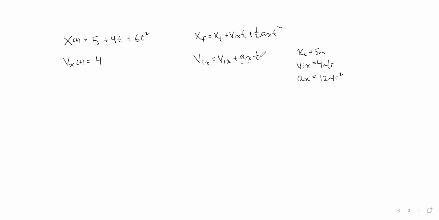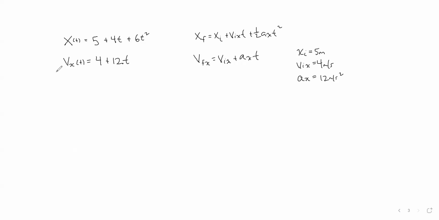The acceleration in the x direction, as we mentioned before, is 12 meters per second squared, which then gets multiplied by time. So given the position formula, position as a function of time, I can immediately write down the velocity formula. Now, what's the relationship between these two things?